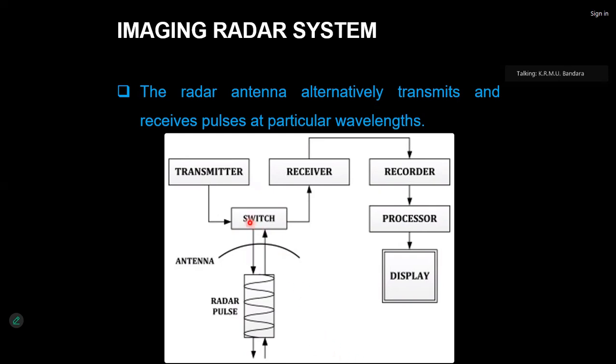Then the next pulse is scanning the next line. One pulse is scanning one line, the next pulse is scanning the next line. When the next pulse is scanning, the satellite has moved one line in the flight direction.